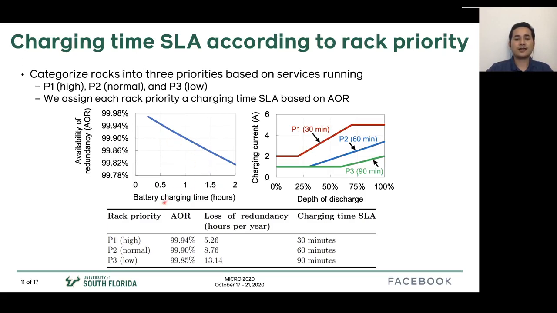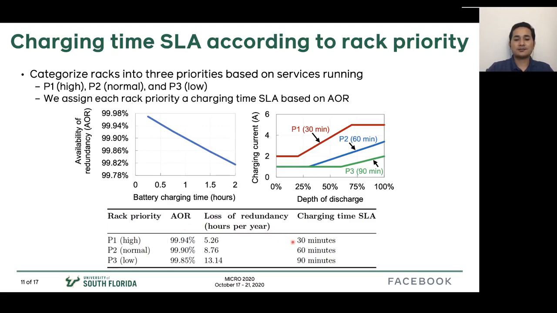We classify the racks into 3 priorities, P1, P2 and P3, where P1 is the highest priority, and associate a target AOR metric for them, which gives us the charging time SLA.